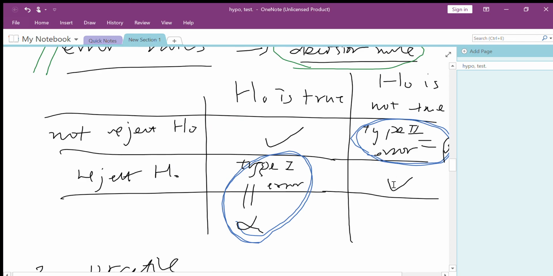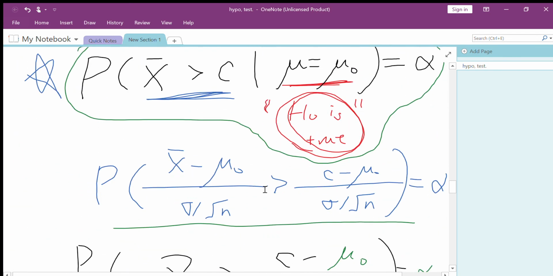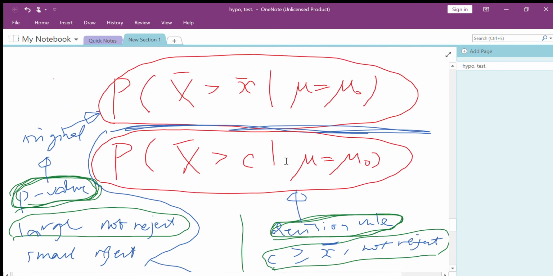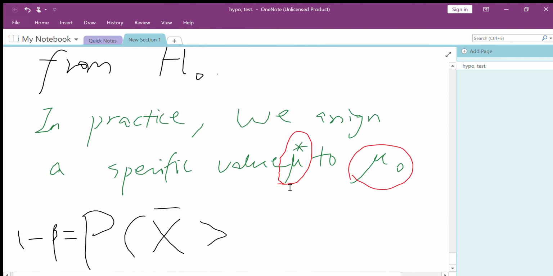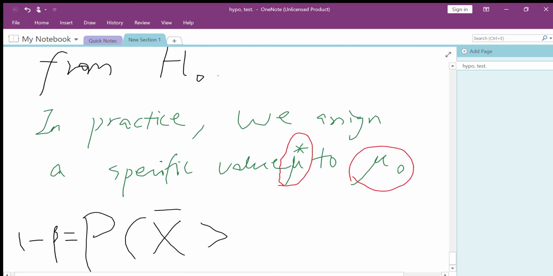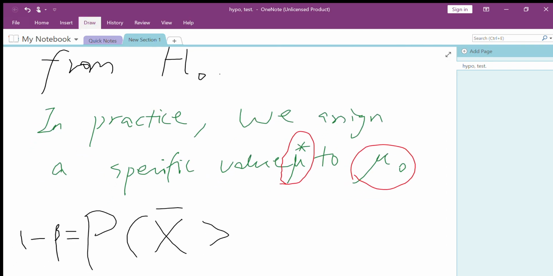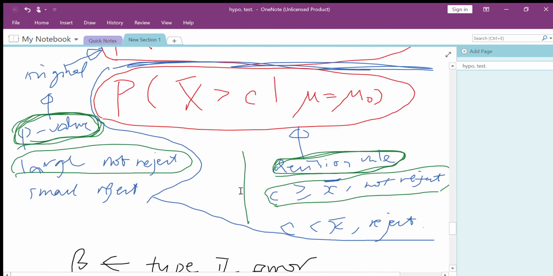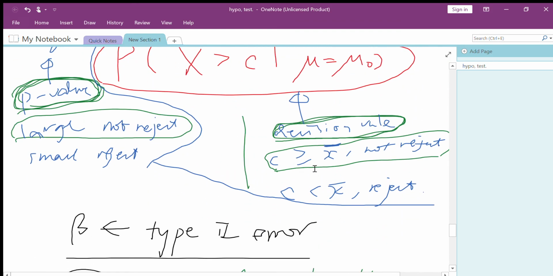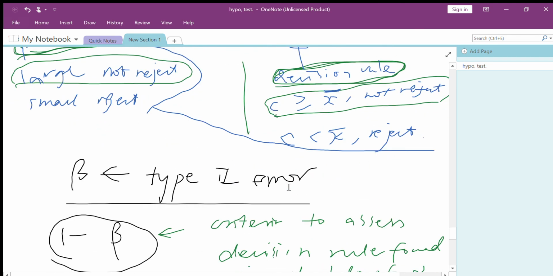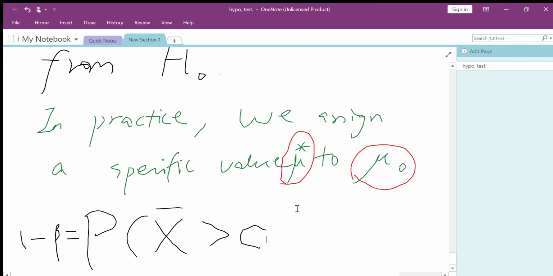We reject H null. Rejecting H null is capital X bar greater than C. But for the decision rule, the decision rule is C less than small x bar.